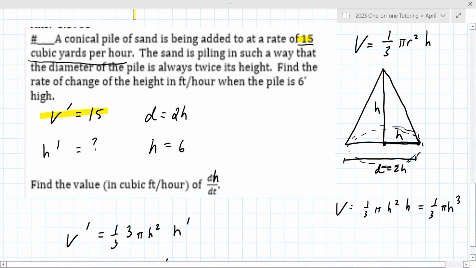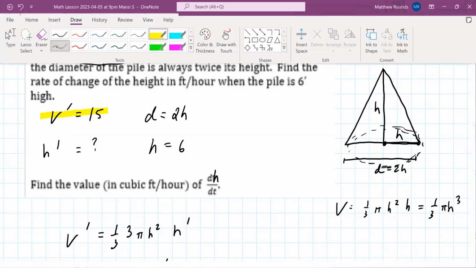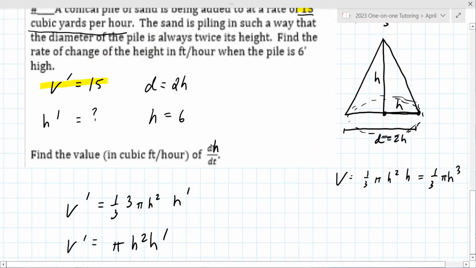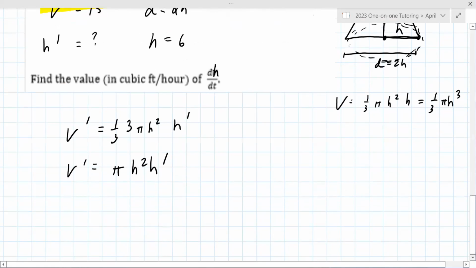Maybe you missed that. Okay. Do you have H? Yes. Do you have H prime? No, that's what we're solving for. Exactly. So you've got everything you need to solve for H prime. Why don't you go ahead and calculate that for us, please?